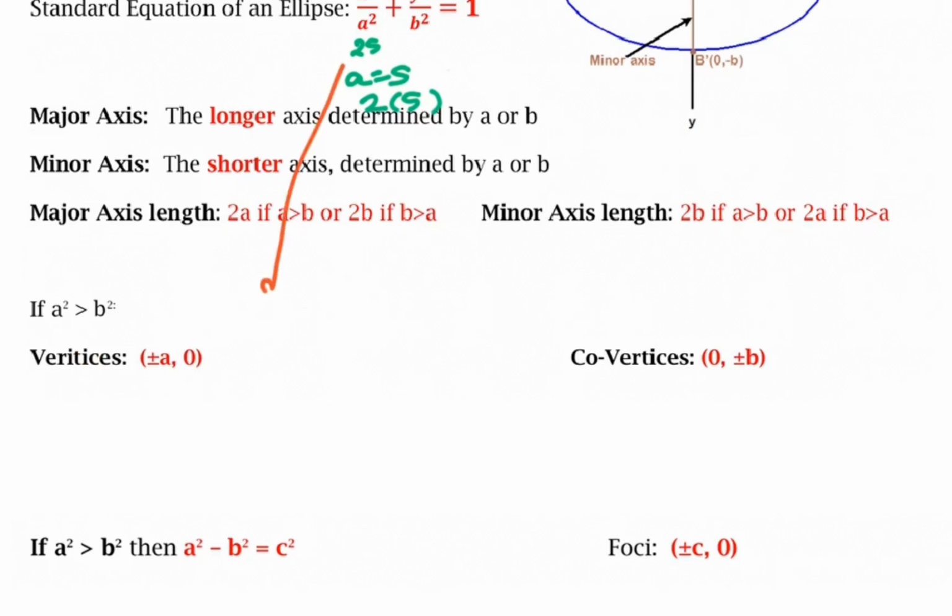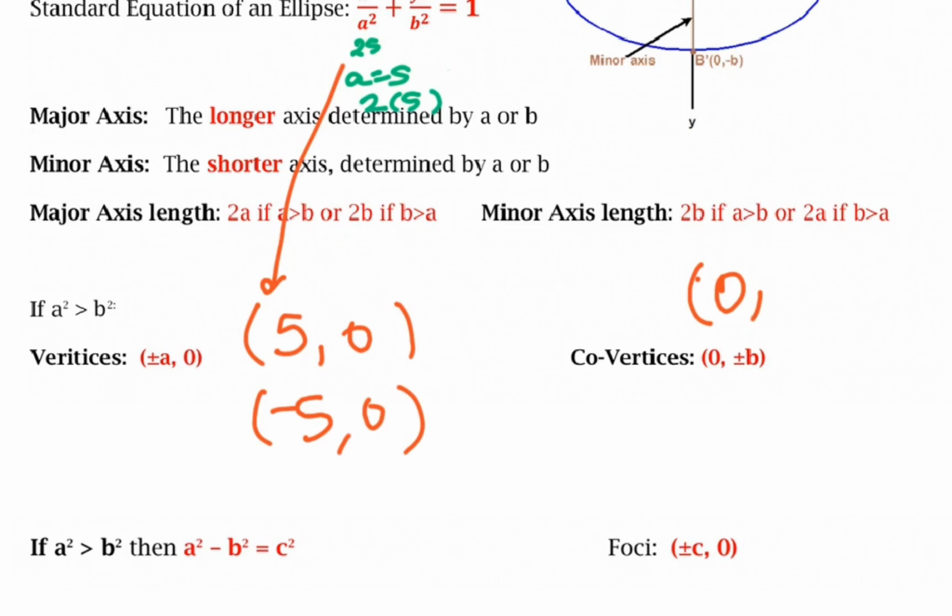For this example, my vertices would be 5, 0 and negative 5, 0. The co-vertices, on the minor axis, would be 0 and then, say b squared is 16, 0, 4 and 0, negative 4. Those are our vertices and co-vertices.